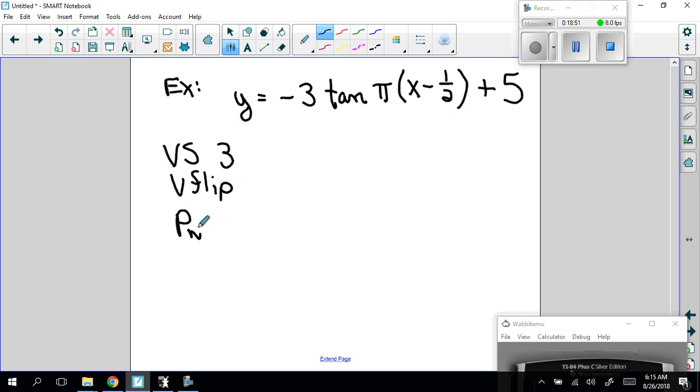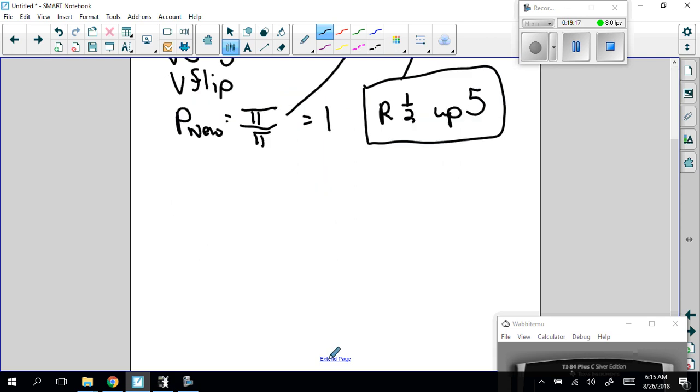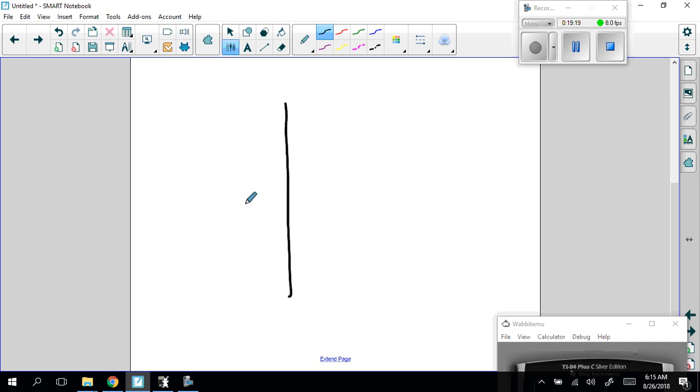The period is pi over pi, which is 1. Right 1/2, up 5. Right means negative of 5. But you don't look there, you don't do this till the very end. So you just cover up the 1/2 and the 5, and you just graph that. So tangent flipped. 1, 2, 1, 2, throw in some verticals.